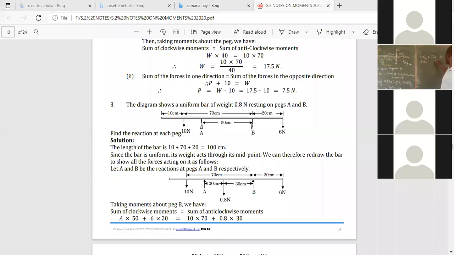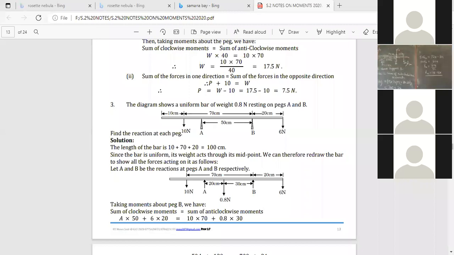Is that okay? Yes. RA is equal to 12.08 Newton. That's our value. Is it the same value that you have in your notes? Yes. Very good.